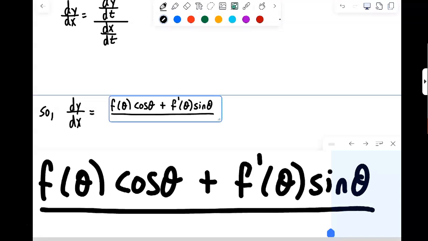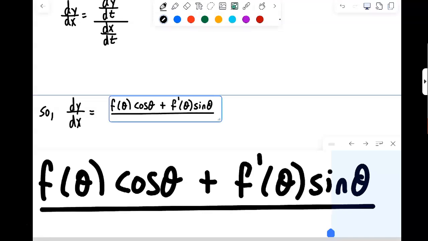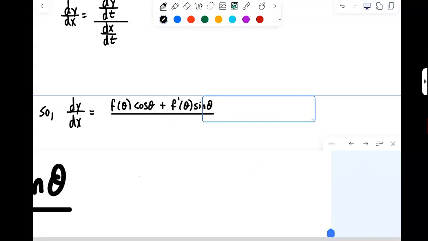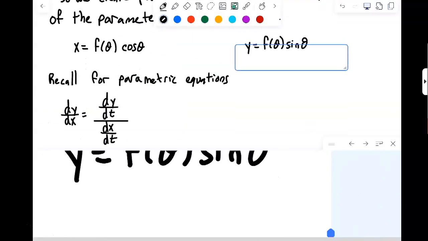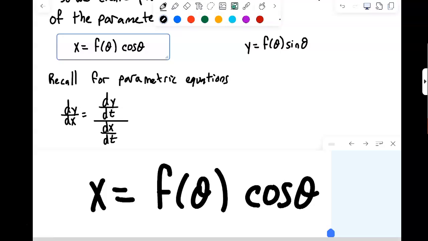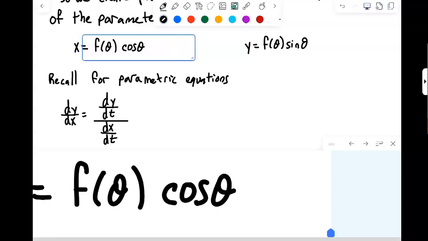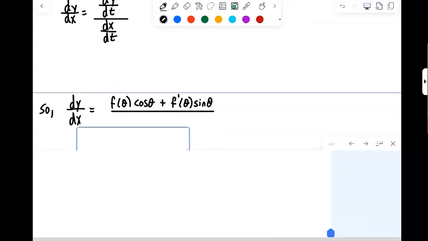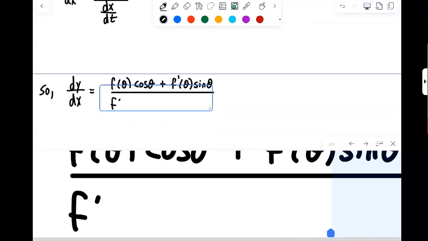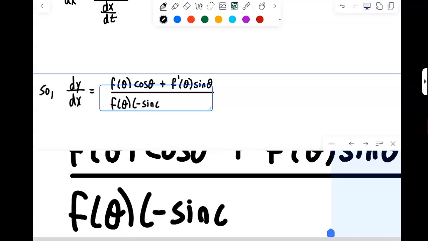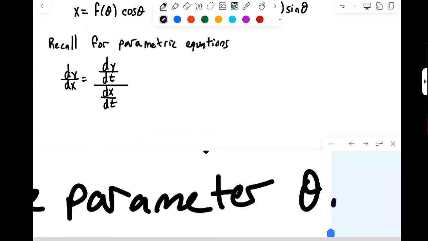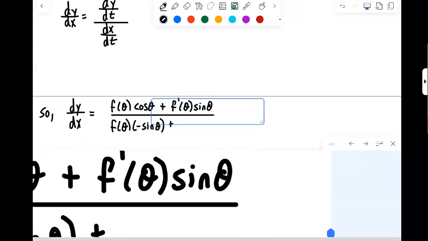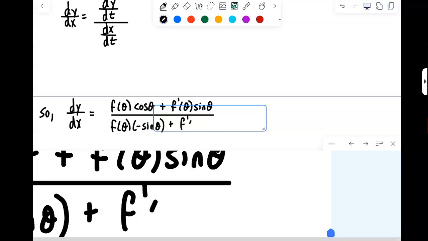And then all of this is divided by the derivative of the x function, the derivative of f of theta cosine of theta. That would be f of theta times the derivative of cosine theta, which is minus sine theta, plus cosine theta times the derivative of f, f prime of theta cosine theta.